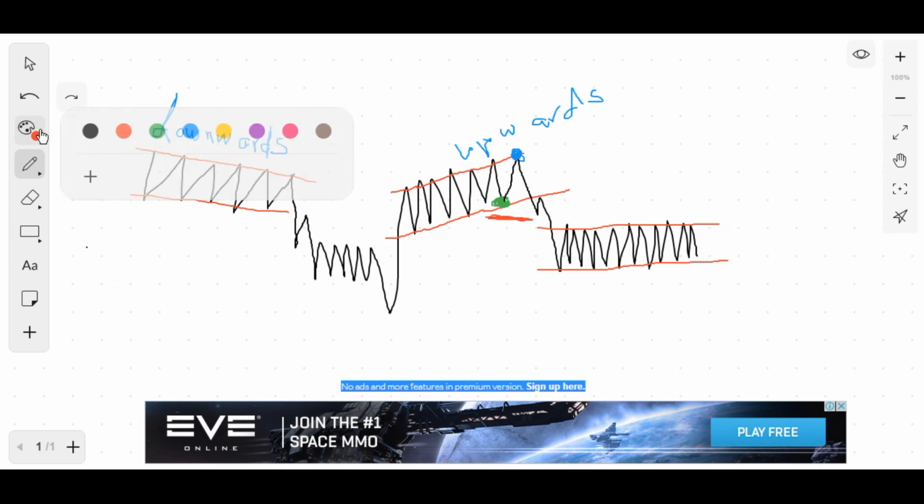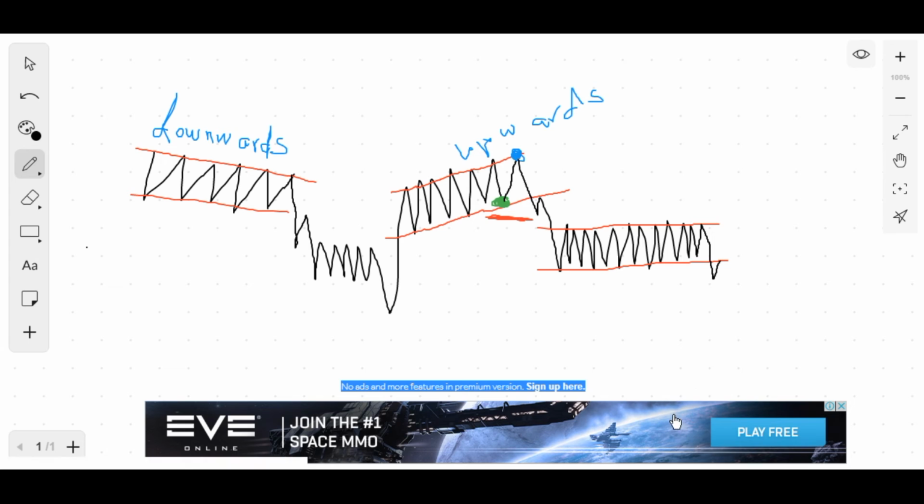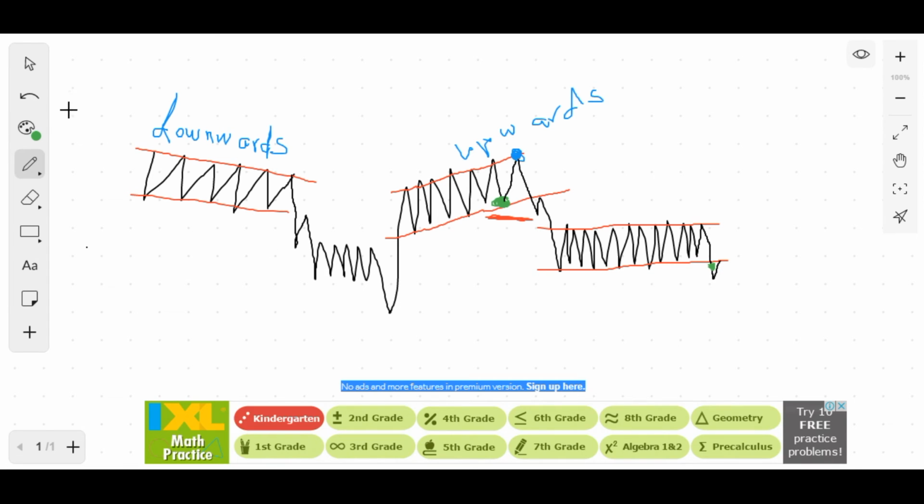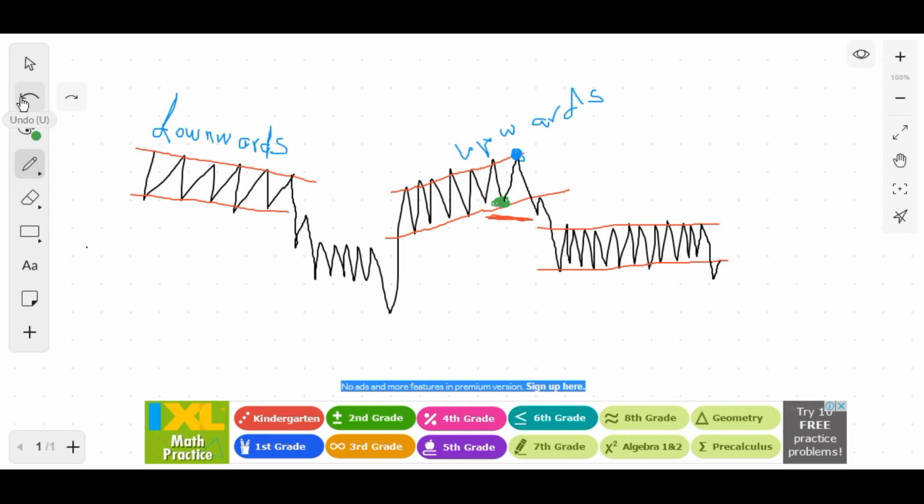Hold on. You wait for some, let's say it went up, bounced back again, and then it did this. Okay, you wait for a breakout. So this point here, at this point, this is a breakout, because it has broken out. So what you have to do is you have to wait for a retest of the line.